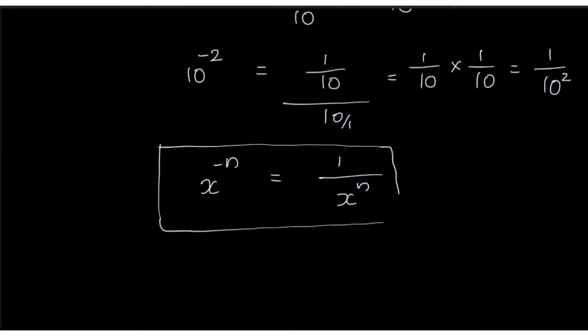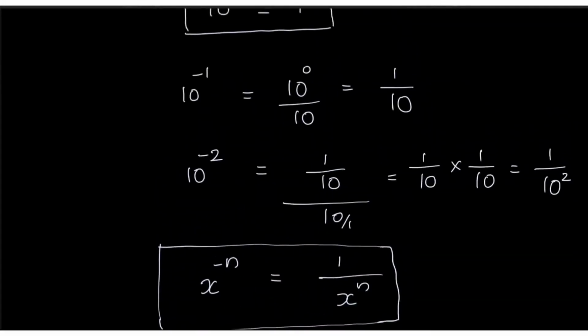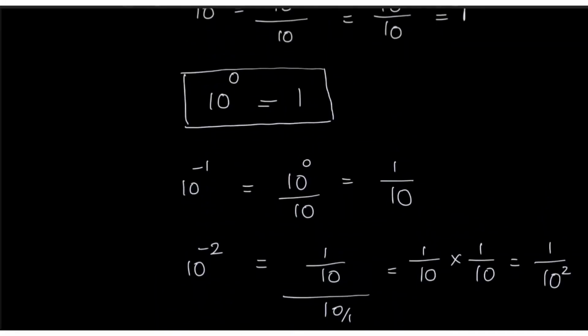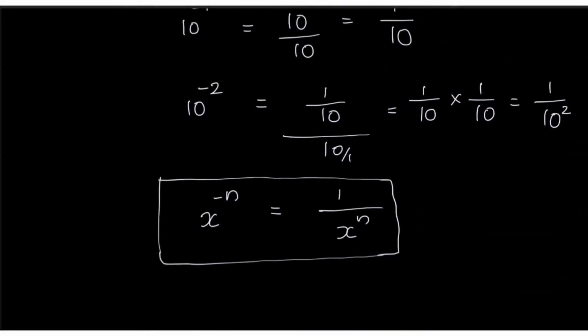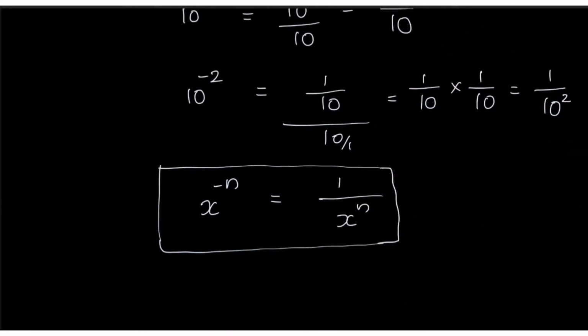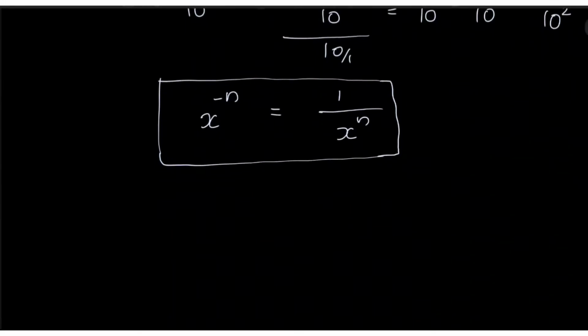These two exponent rules can be proved like this. That is, any number x raised to 0 is equal to 1, and any number with a negative exponent is equal to its reciprocal, that is 1 by x raised to n. This is the proof for the zero exponent and the negative exponent.